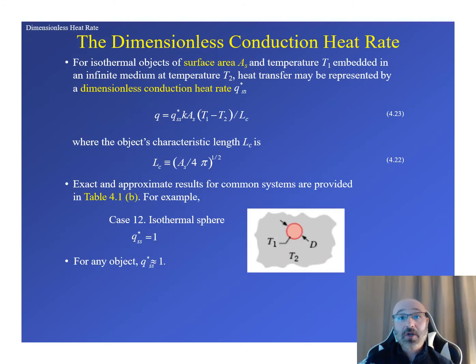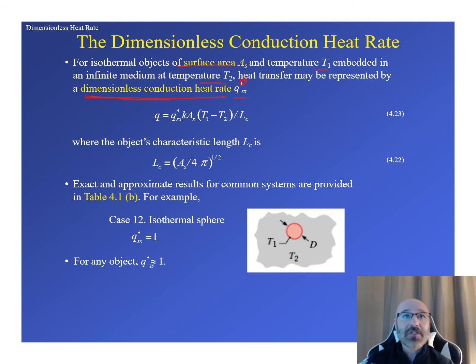Now next I want to take a look at the dimensionless conduction heat rate. What we're looking at here is isothermal objects of surface area A sub S and temperature T1, embedded in an infinite medium that has a temperature of T2, and the heat transfer can then be represented by a dimensionless conduction heat rate, which we're going to call our Q star sub SS.